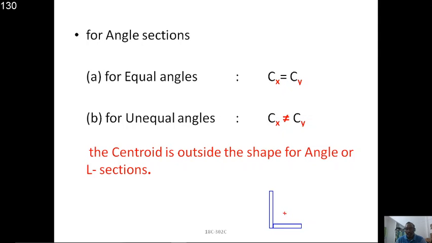It is not in this vertical leg portion, not in the horizontal leg portion, but it is outside of the given shape. So it is to be remembered that the centroid is outside of the shape of the angle or L sections. We can also bring it within the section by varying its dimensions, but the standard statement is that generally it is outside of the shape.